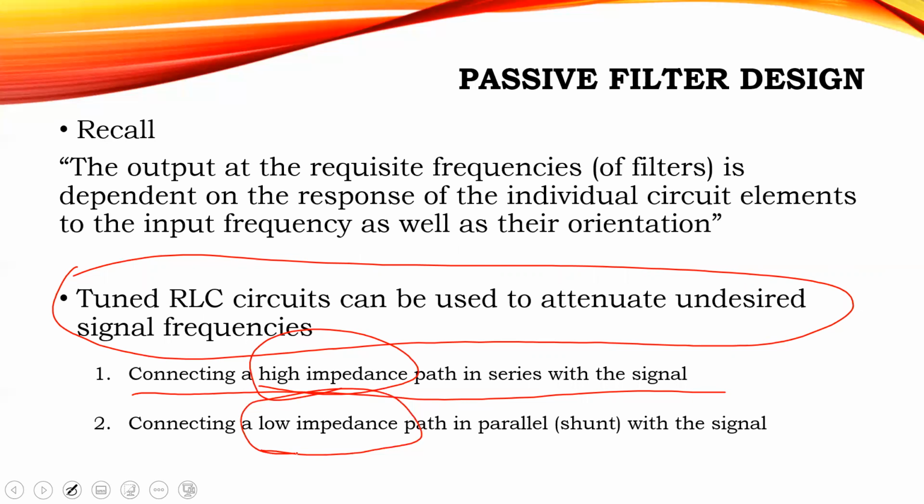Now, if we don't want low frequency, what is it that would give us the higher reactance at low frequency? If I don't want low frequency, which of the two elements would give us a higher reactance at low frequency?